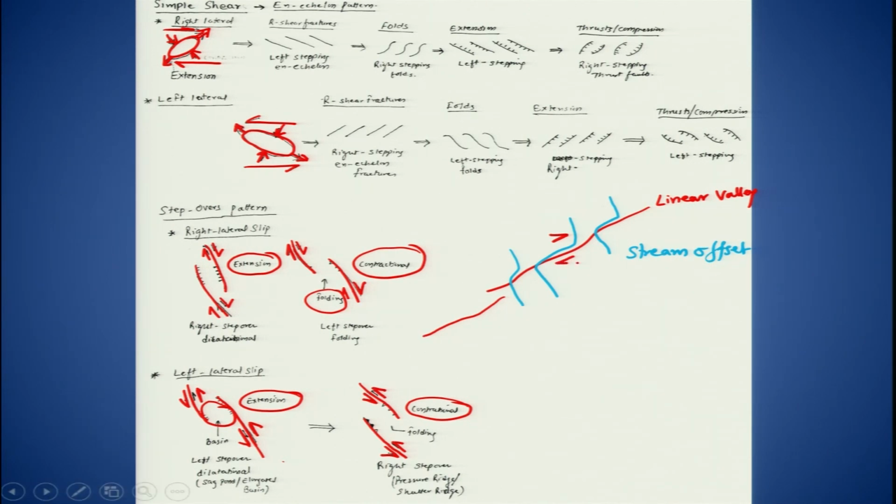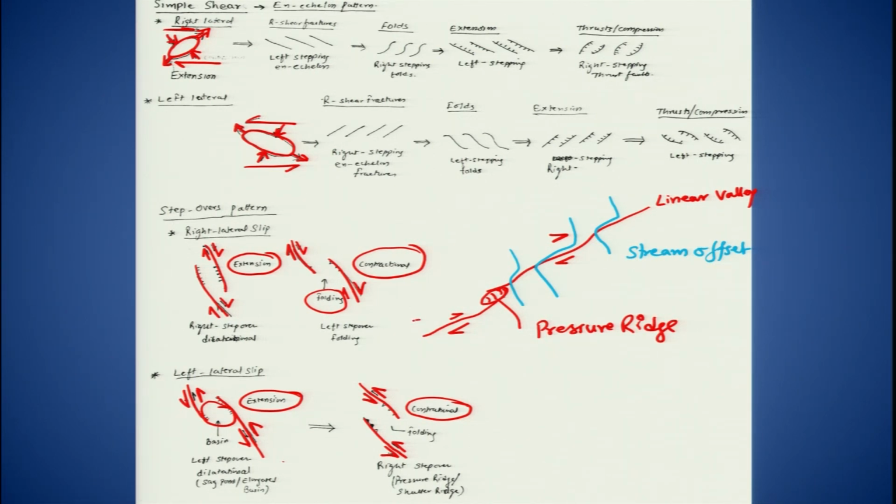Then what you will see here, because this is your fault, you are having left stepping, so this portion is moving here, and this portion is again like that. So you will see the formation of pressure ridge.